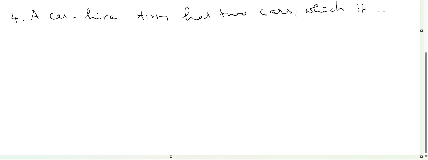A car hire firm has 2 cars which it hires out day by day.